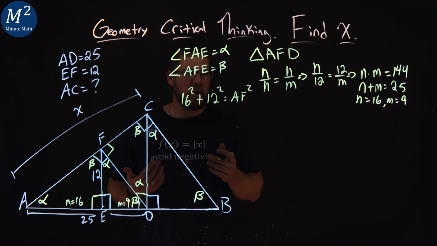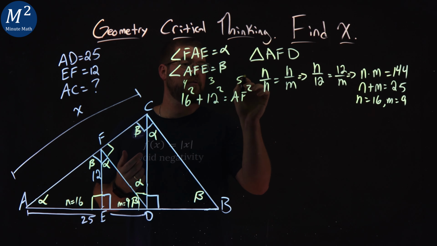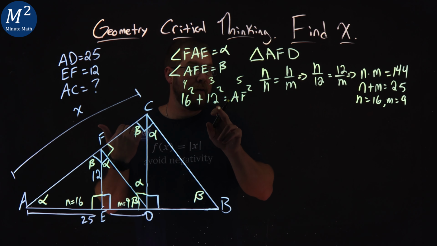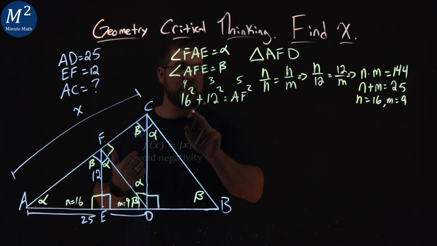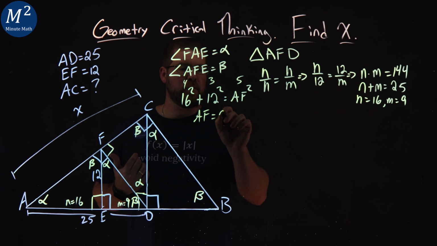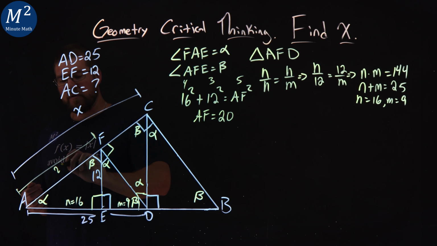Now we could solve this out, but hopefully you recognize that this is a 3-4-5 triangle. 3, 4, 5. Multiply everything by 4 here. 3 times 4 is 12, 4 times 4 is 16, and so 5 times 4 is 20. And so AF is equal to 20. So we have the length of AF is equal to 20.